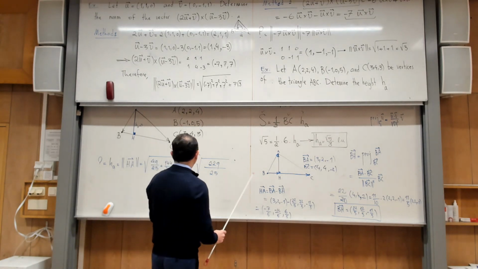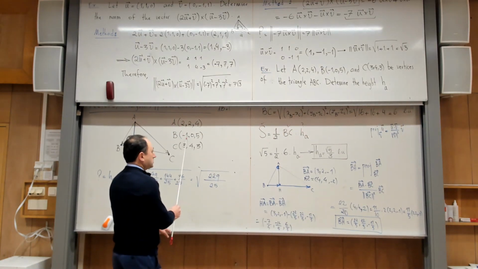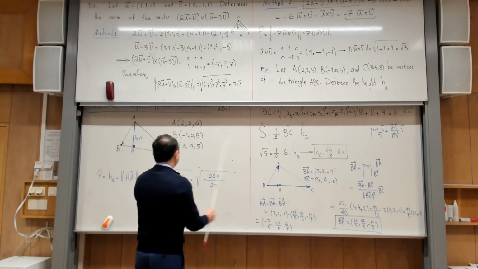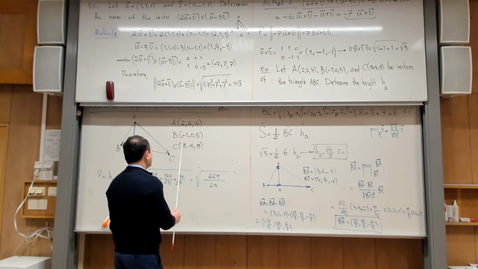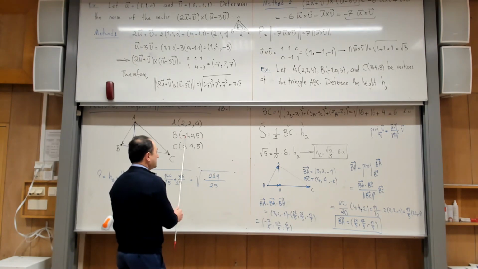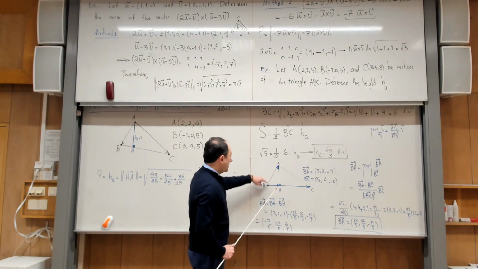So BA means 2 minus 1 is 3, 2 minus 0, yeah, that's correct. And BC is this minus that one is 4, 4 and minus 2, that's correct. And then BH is the projection of this vector onto that vector.